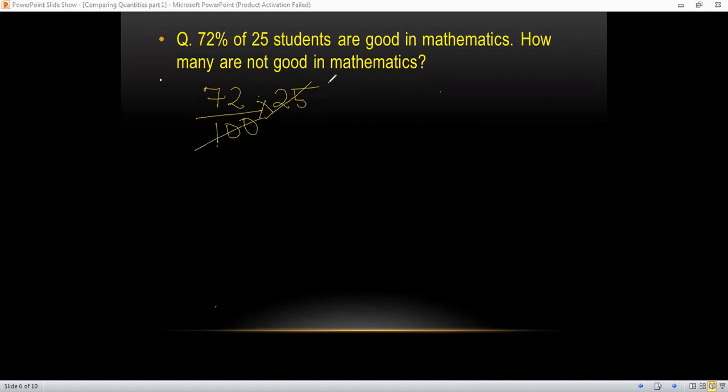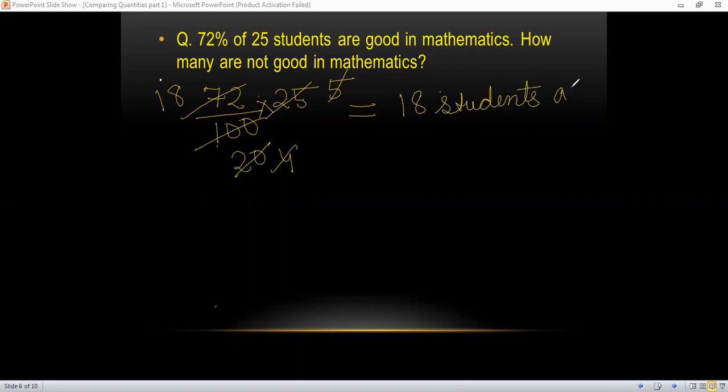So let's solve it. 5 5s are 25. 5 2s are 10, 0. Again, it will go with 5, 4. Now, 4 1s are 4 and 4 8s are 32... so 18 students are good in mathematics.